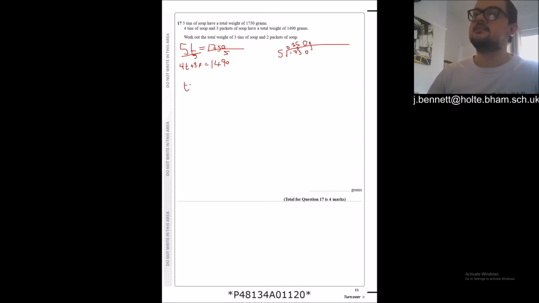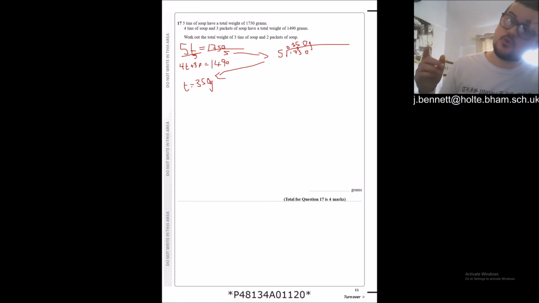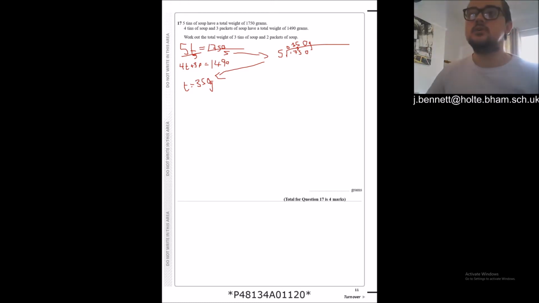So the tins are 350 grams. And I'm going to do a little arrow just so the examiners can follow where we've gone. So t is 350g. Now we need to substitute our value of t into this so we can solve for p. So we're going to do 4 lots of 350. 350 double is 700. 700 double is 1400.